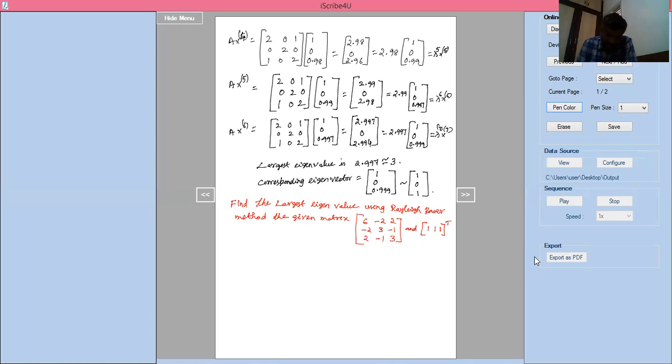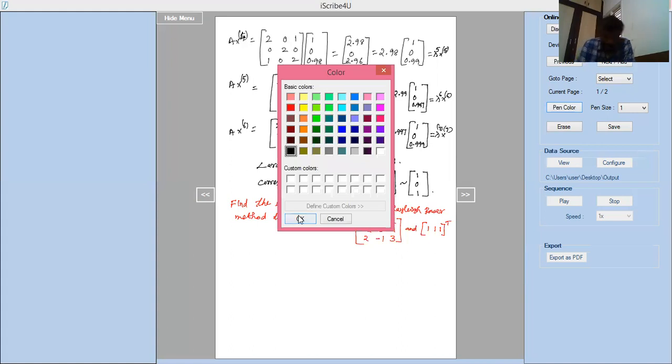Here also you have to find it using the Rayleigh power method. Find the largest eigenvalue. The same method we used previously, we are going to use here. Solution.